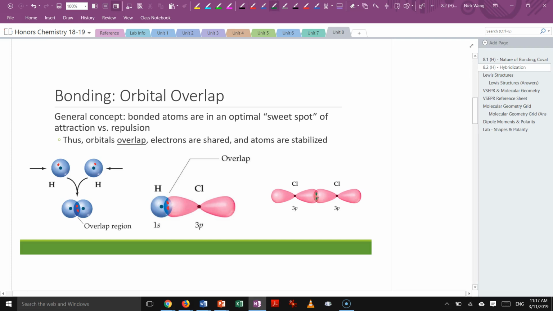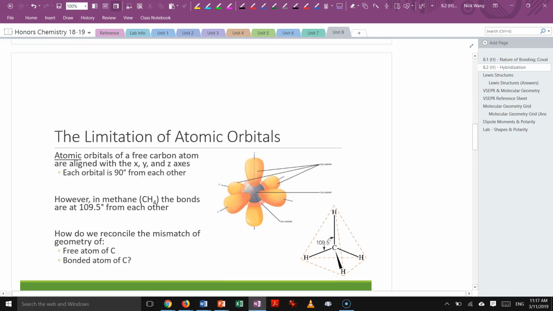Each chlorine would have a 3p orbital that looks like that, and another 3p orbital like that, and these can turn and twist and spin around. Eventually you find that these two overlap to be paired up right there.